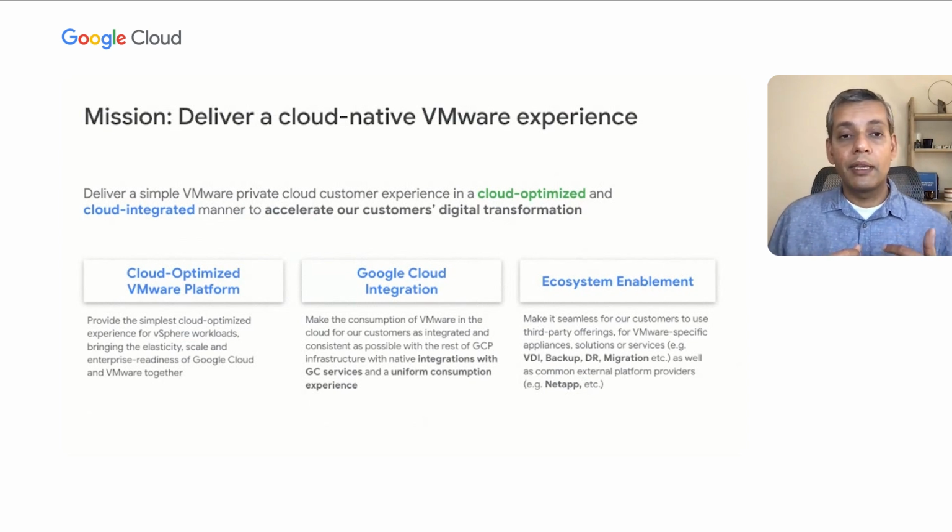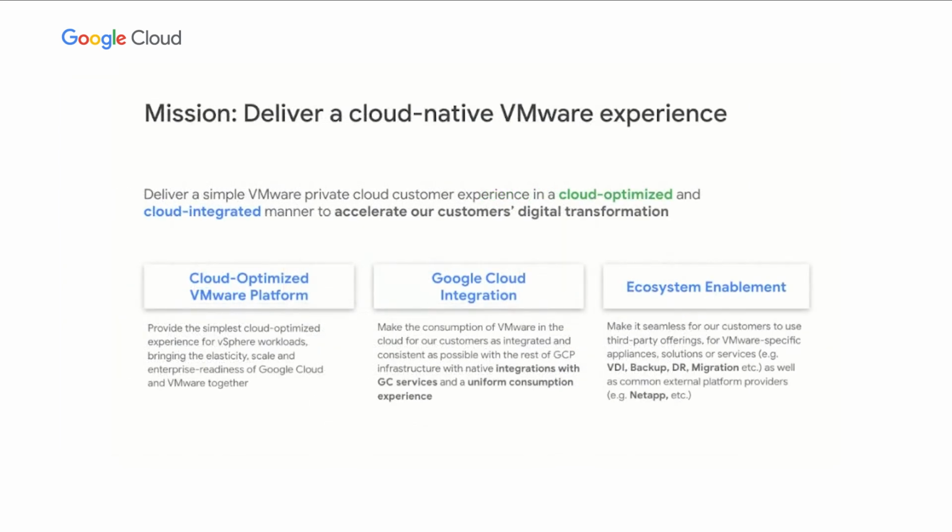And third part of the cloud native VMware is the familiar third party applications that you consume on prem as well as in the cloud. What that means is you can extend your ecosystem of third party apps and services that are critical to your business for your various needs, such as desktop and backup and DR. And we've partnered with solution providers and third-party application developers such as Veeam, Rubrik, and Cohesity.